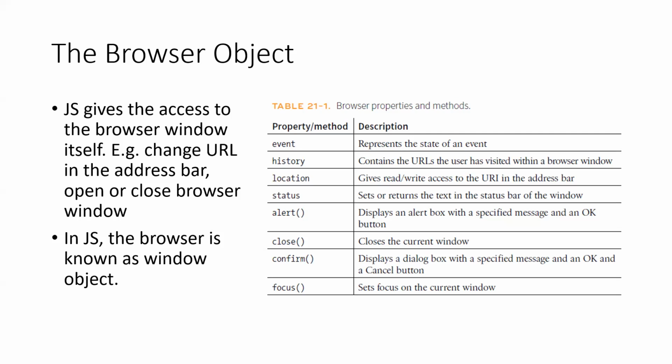For example, event represents the state of a particular event, and history handles whatever the user visited earlier. With location, we can read and write the URL in the address bar. There are also status, alert, close, confirm, focus. So these are different browser properties and methods you could use. The idea is that you can actually work with the browser window.